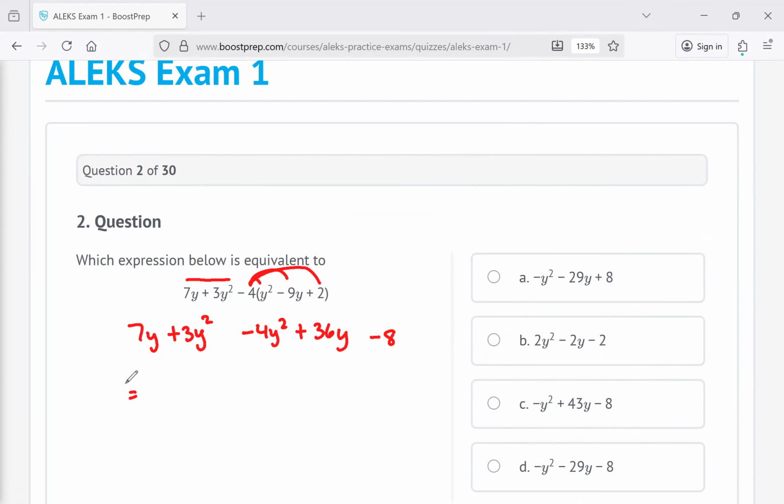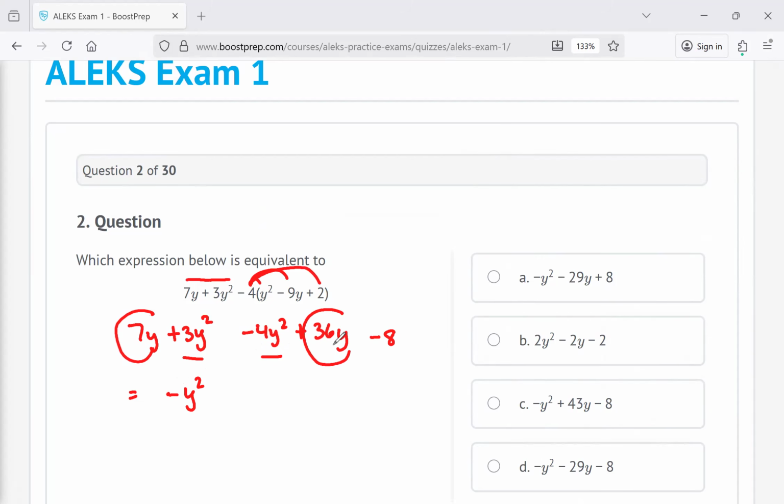And then what you want to do is collect like terms. I always go from the highest power and then go below. My highest power is y squared. So I have a 3y squared and a negative 4y squared. That is going to be negative 1y squared. And then my y's, we have a 7y and a 36y. What's 36 plus 7?